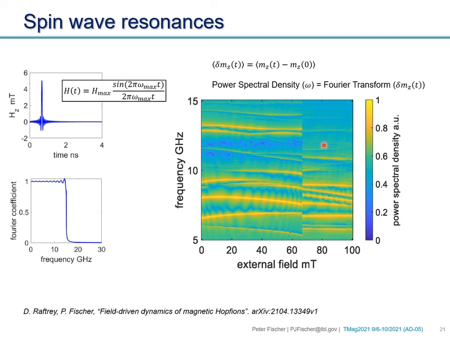So if you think about doing experiments with these multilayers with Hopfions and you apply a magnetic field, we predict that you should see very interesting, strong spin wave resonances as a function of magnetic field, and then they will have drastic drops and changes when you go from the Hopfion state to the Toron state.